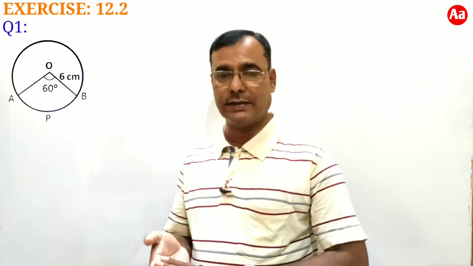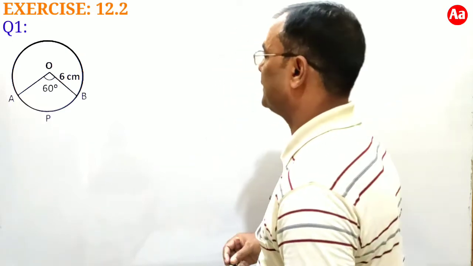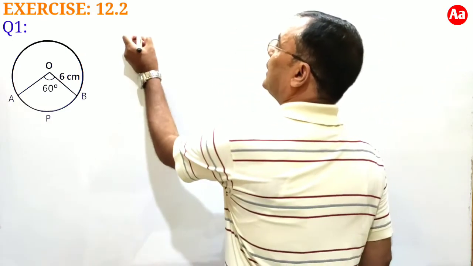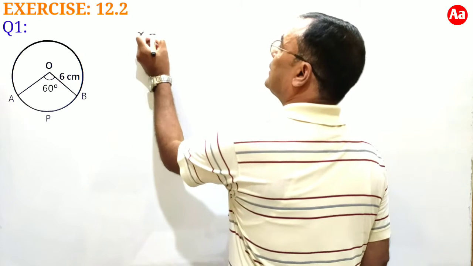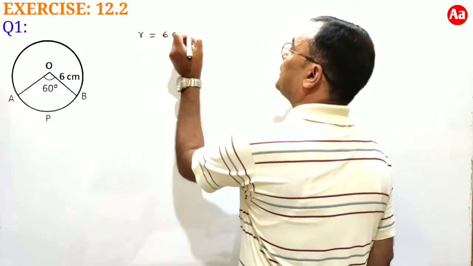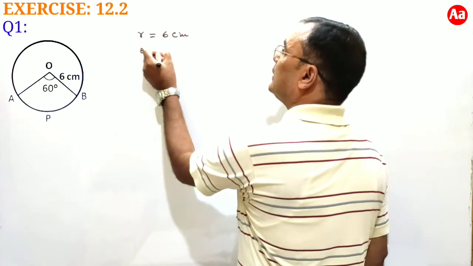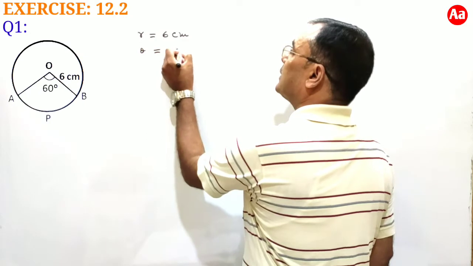Radius is given 6 cm and sector angle is also given, 60 degrees. So let's write radius R is equal to 6 cm and sector angle theta 60 degrees.